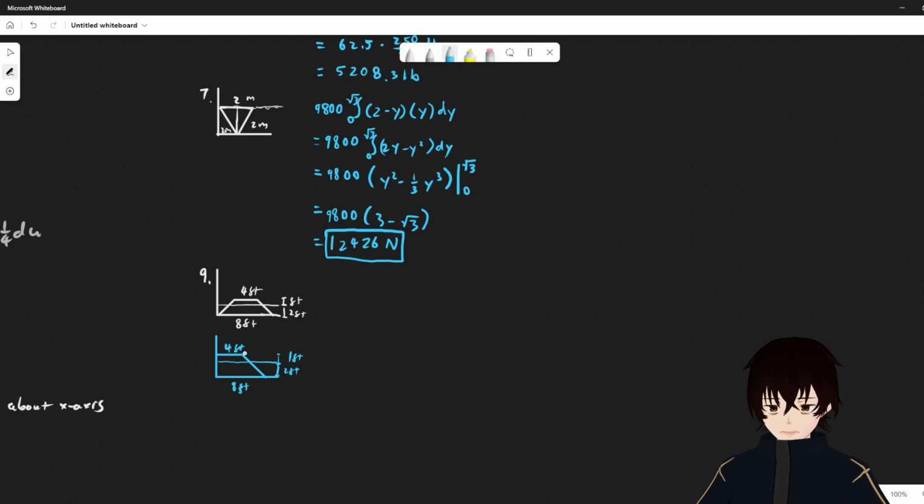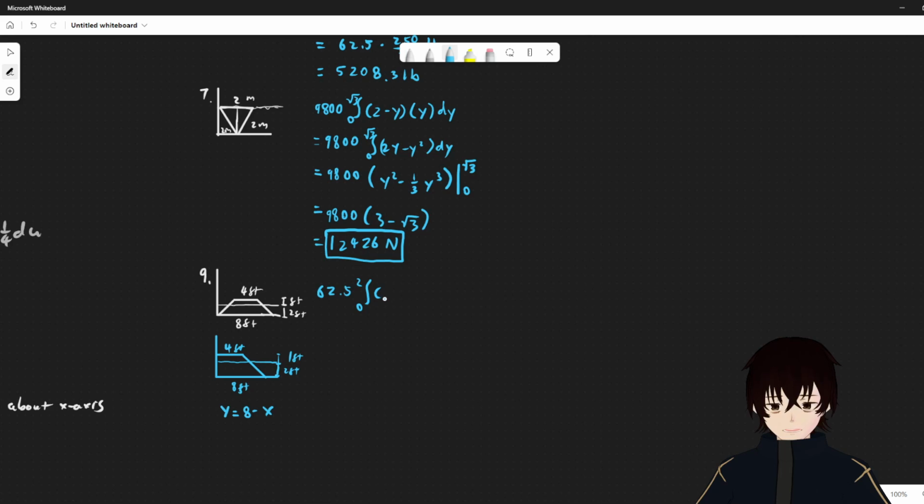So our equation for this line here would be y equals 8 minus x. That means we're gonna have the integral, or rather we have foot, so we can just use 62.5 times the integral from 0 to 2.